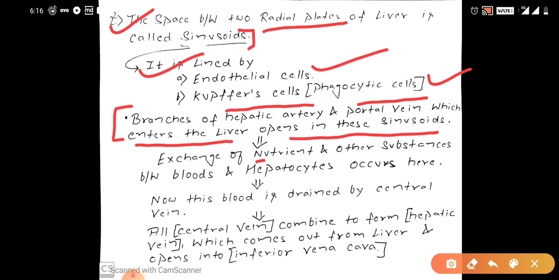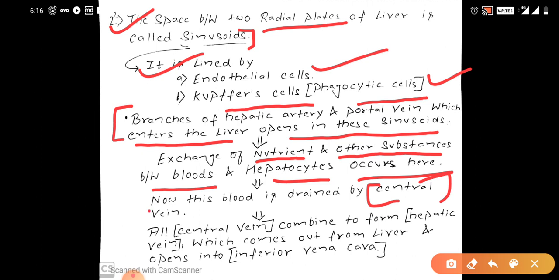Exchange of nutrients and other substances between blood and hepatocytes occurs where? At these sinusoids. And now the blood from these sinusoids is drained by central vein, as it is present in the hepatic lobule. And now many central vein combine to form hepatic vein, and hepatic vein comes out from the liver and opens into the inferior vena cava.